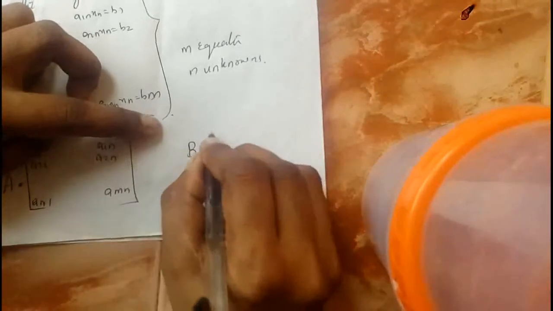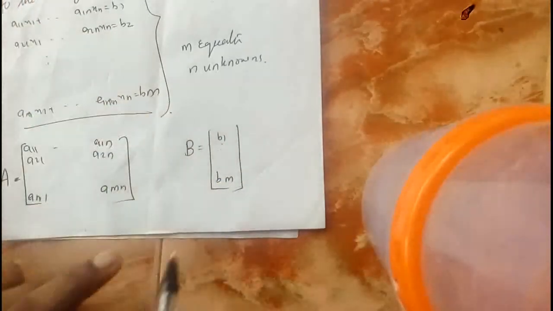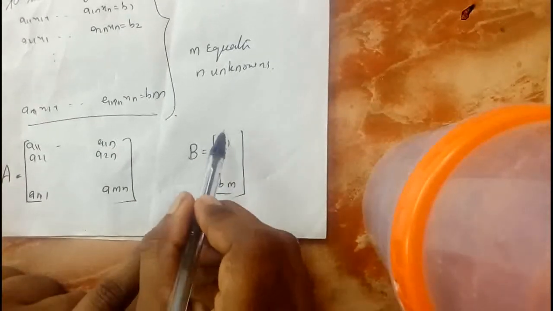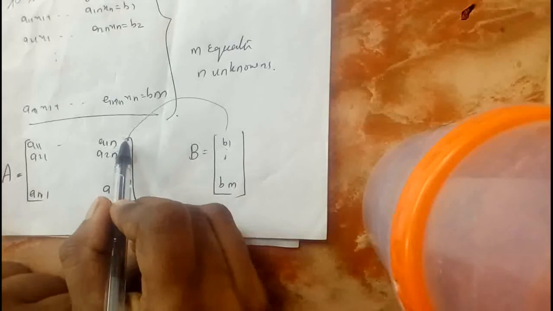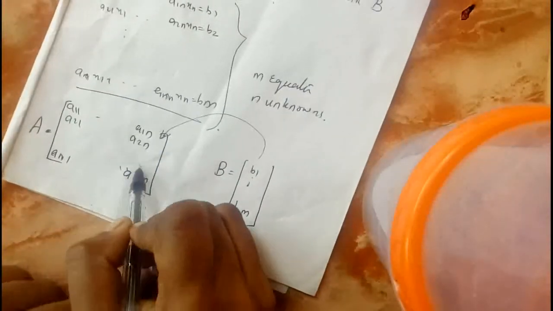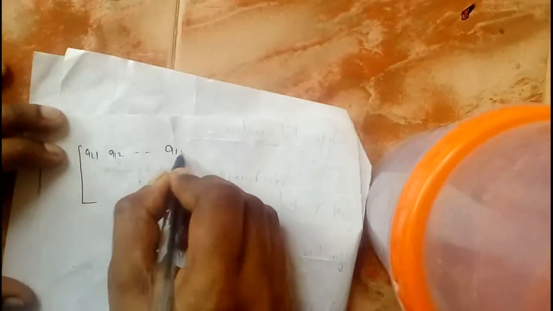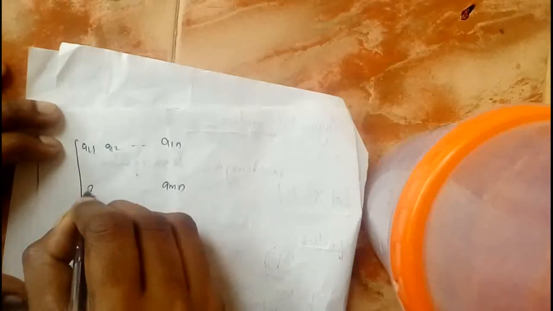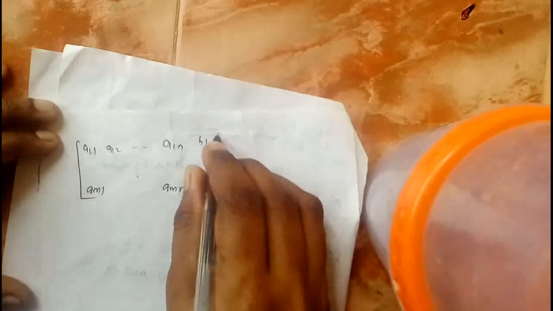And the constant matrix B is b1, b2, etc., bm. In this constant matrix, we place it to the right side of the coefficient matrix. That means a11, a12 etc. a1n, b1, and so on down to am1 etc. amn, bm.